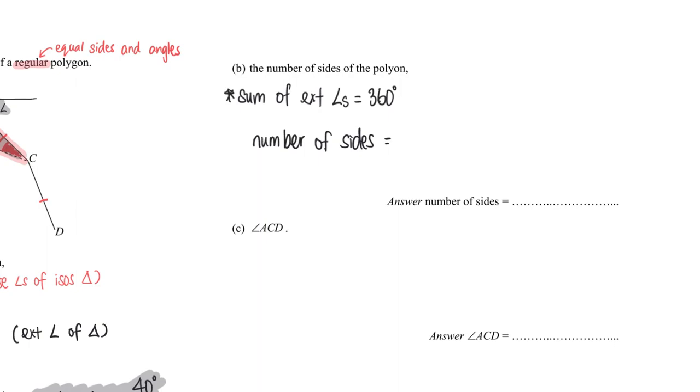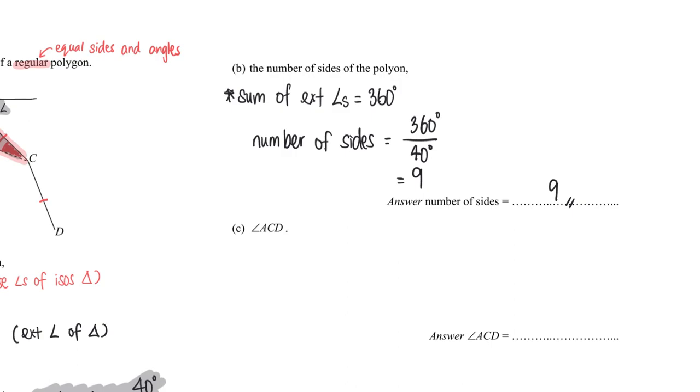So how many 40 degrees are there in 360 degrees, given that all the exterior angles are equal to each other? Yes. I just need to divide by 40 and I will know that there are 9 exterior angles. This means that there are 9 sides.